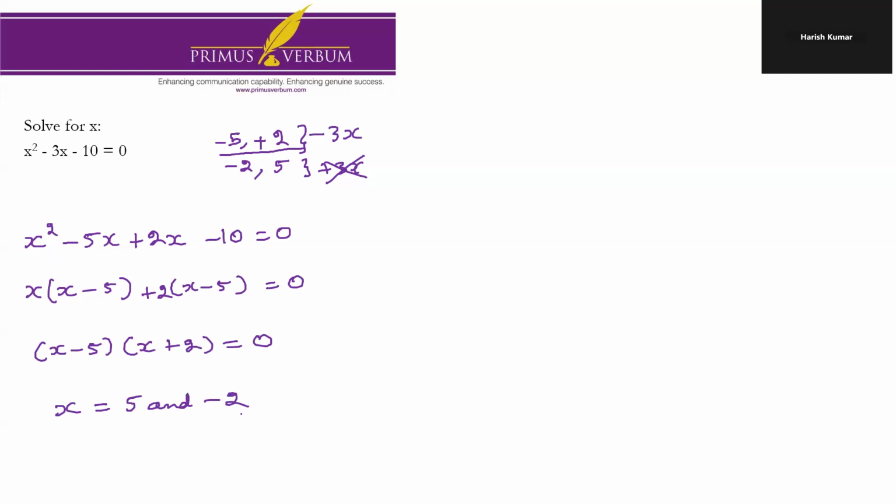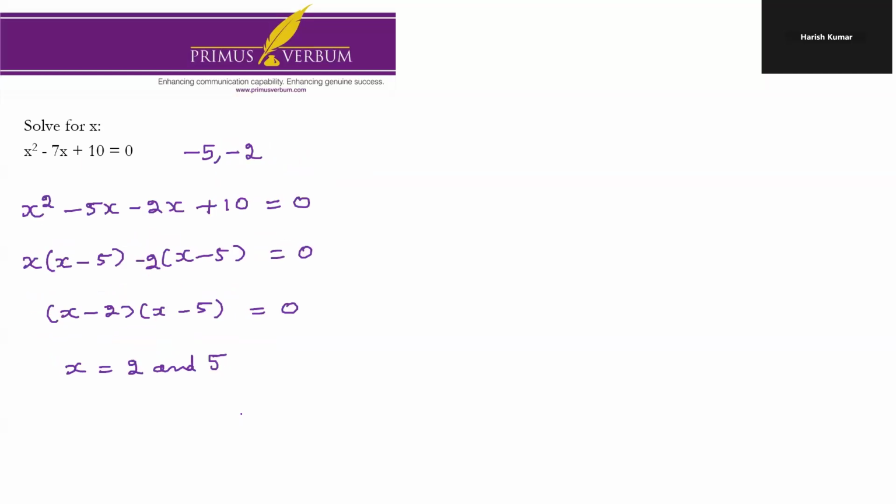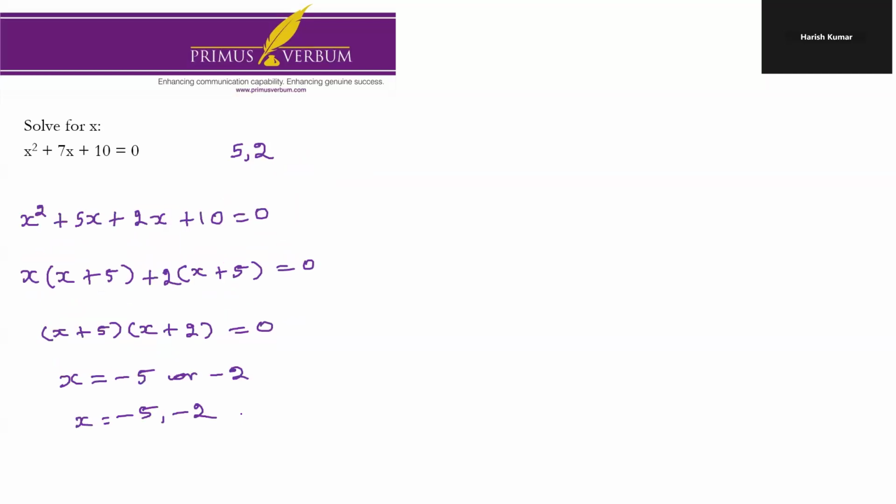So you see, students, how I have taken 4 quadratic equations. The last one, except the x square term, all other terms were negative. And then I took another one in which the linear term is positive and the constant term is negative. And then another one where the linear term is negative but the constant term is positive. And another one in which both the linear and the constant term are positive.